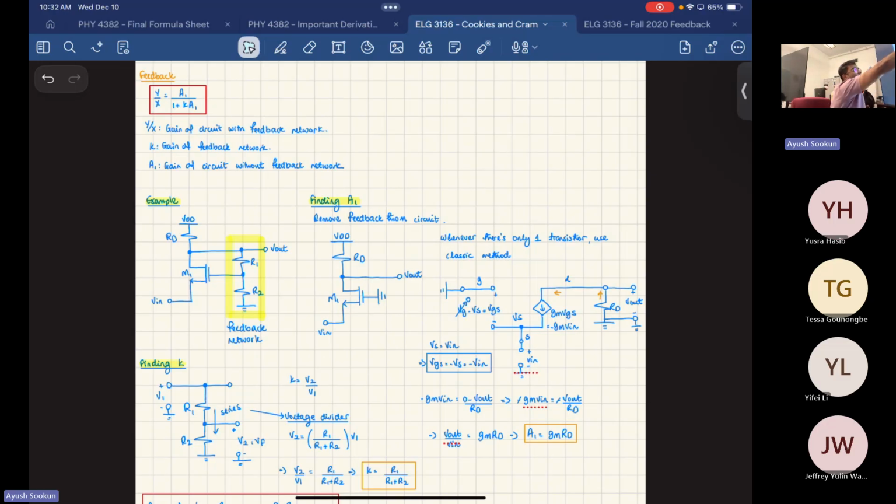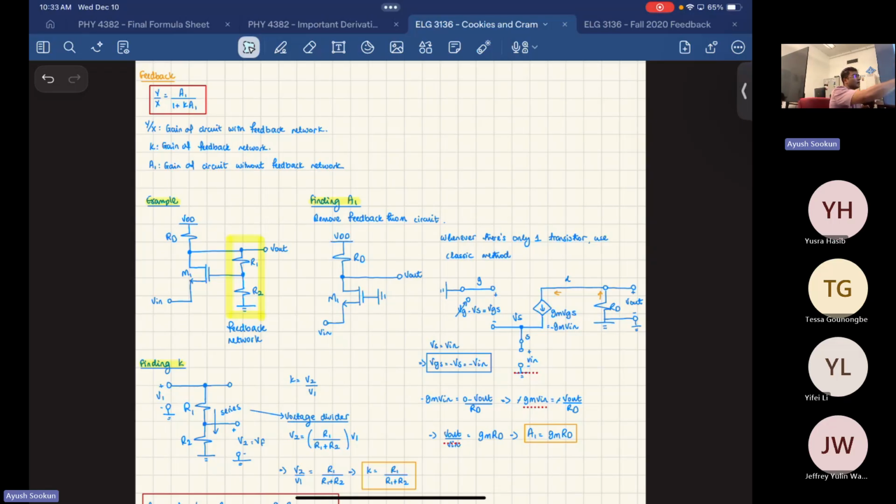This output is like a source going into this network, and this is the input going into the network, and this is the output going out of the network. So your V out here is going to be this V1 connected from here to ground, and the V2 here is the voltage of your feedback network that's going to be fed into the input again. So it's opposite. So when you're doing the gain of a feedback network, make sure you're using this as your input. This becomes the input of the feedback.